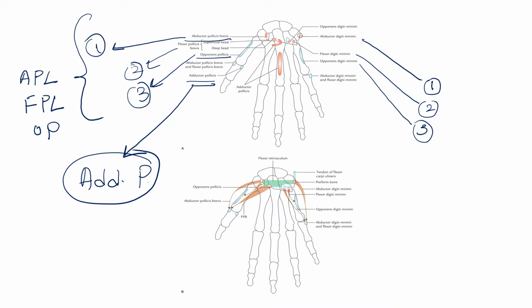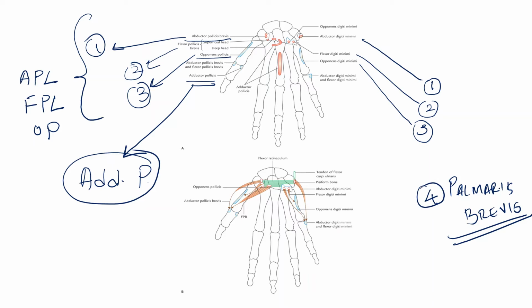Along with these 3 hypothenar muscles, there is one subcutaneous muscle which is called the palmaris brevis. It is seen along the subcutaneous plane, and this palmaris brevis makes up the 4th hypothenar muscle.